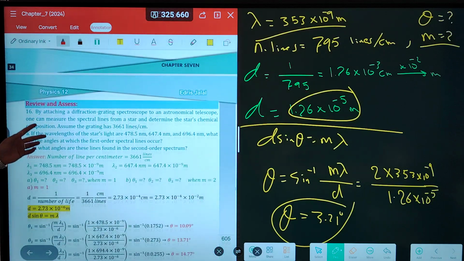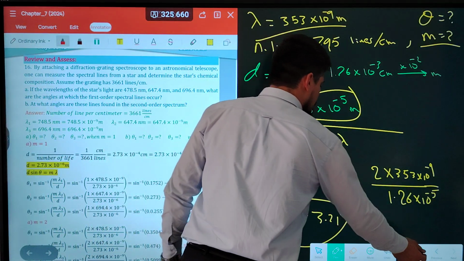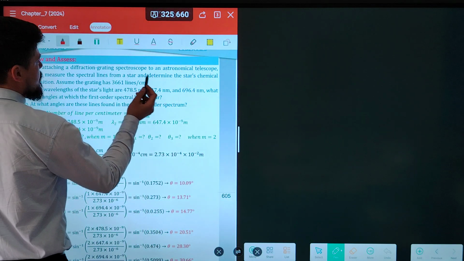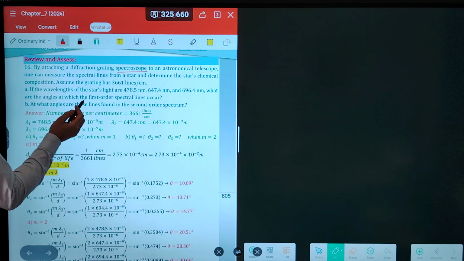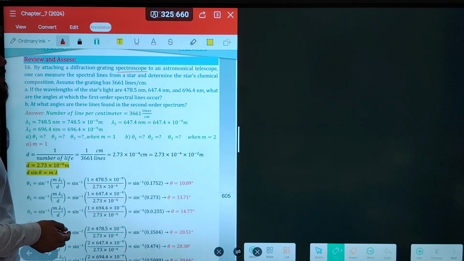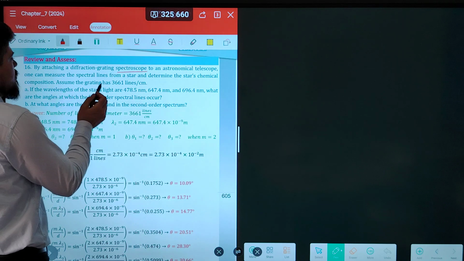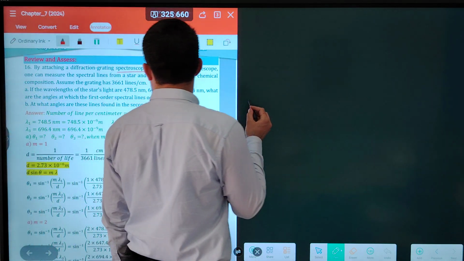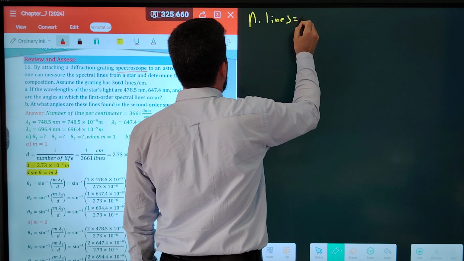This is question 15. Now, question 16 in review and assess. By attaching a diffraction grating spectroscope to an astronomical telescope, one can measure the spectral lines from a star and determine the star's chemical composition. Assume the grating has 3,661 lines per centimeter.